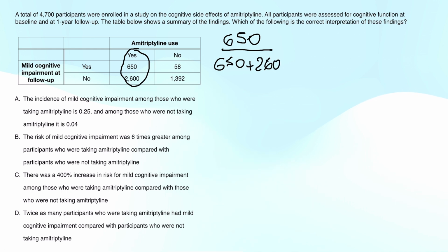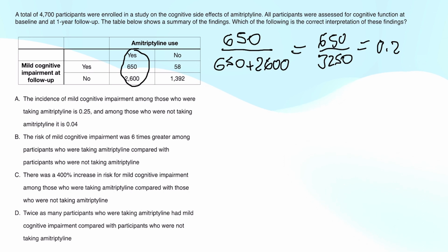And so the total here would be 3,250. So that's 650 divided by 3,250. And that would give us 0.2 or 20%. So I could already tell that the first answer choice is incorrect without having to calculate the incidence in the other group of patients. Let's look at choice B.